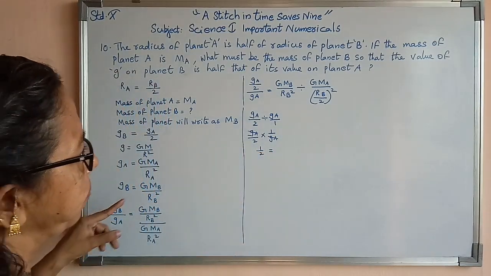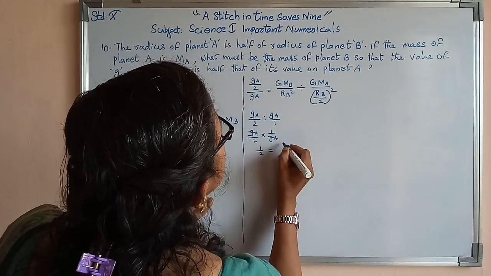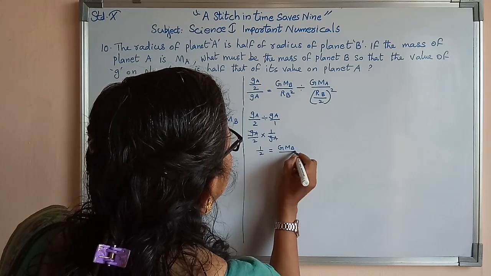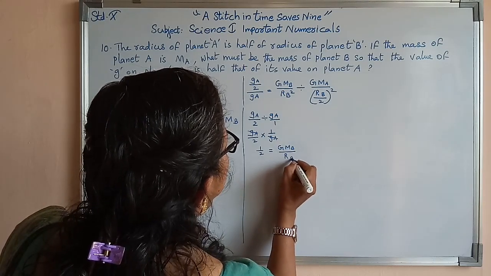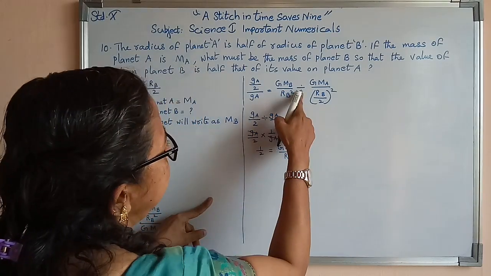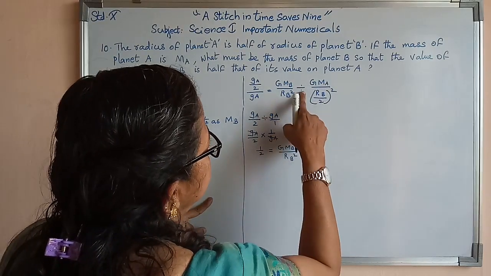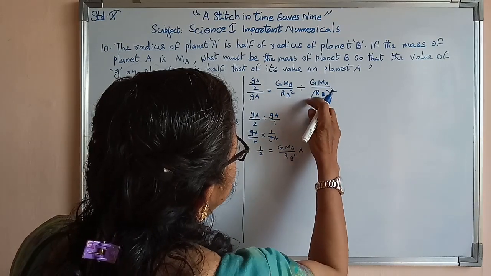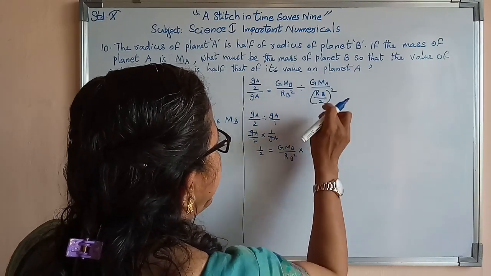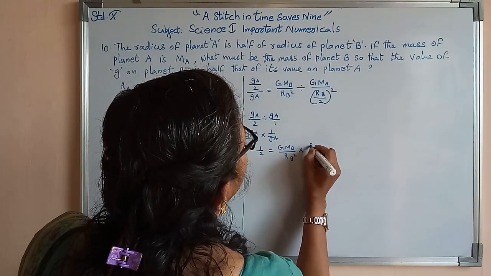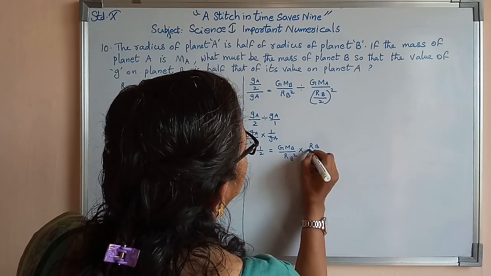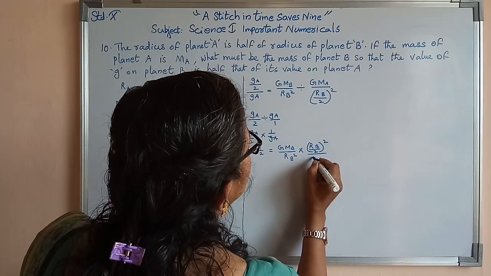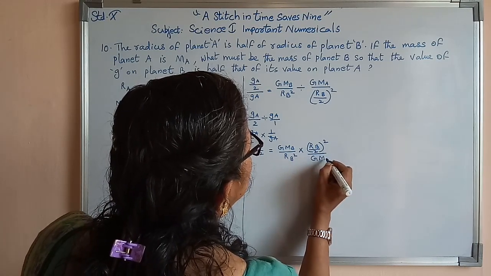That is equal to G Mb upon RB square. Here this fraction form is there, because of that I am putting this in the form of multiplication. After that this value I am putting upside, this value I am putting down: RB upon 2 whole square upon G Ma.